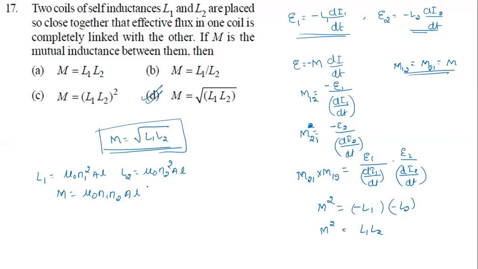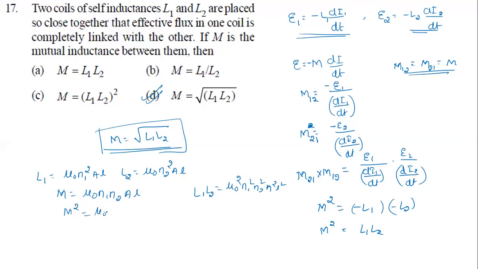Mutual inductance is mu naught N1 N2 A into L. If you multiply L1 and L2, this becomes what now? Mu naught square N1 square N2 square area square L square. So if you square this equation, it becomes M square, right?